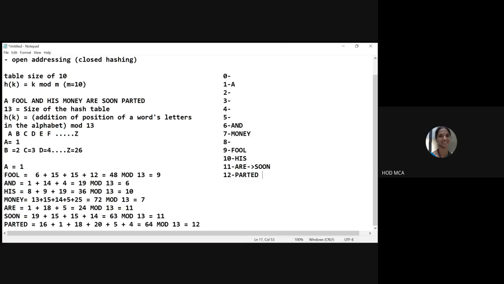So this concept need not always be numbers; you can also have strings. That's why I took this example, to show how we can avoid collision when we are using characters or strings. I hope this is clear to you all.